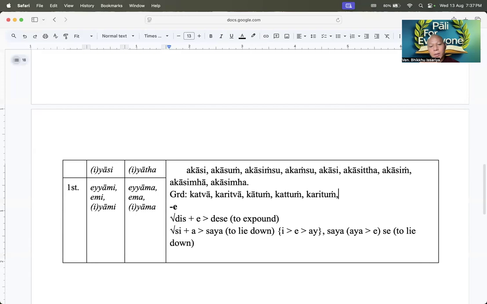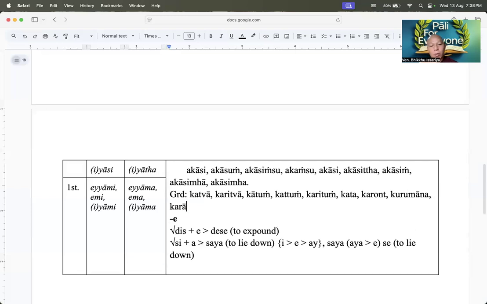And then past participle is gata, and the present participle is garont. And then so guru mana with the mana, and then garana, not garo mana. And then so gadaba, and also gadaba, and then so garaniya, like a gamaniya in this way.